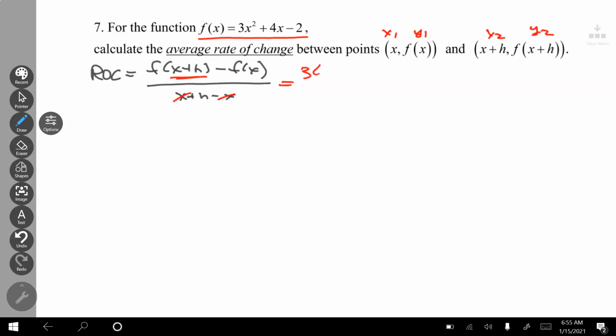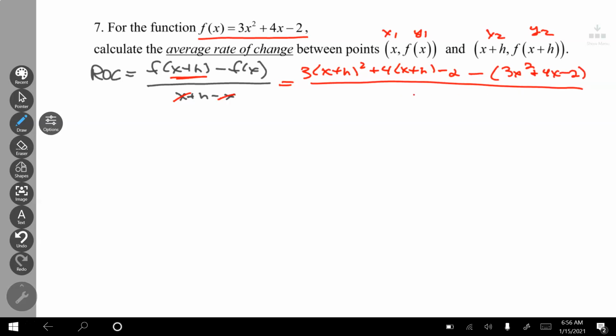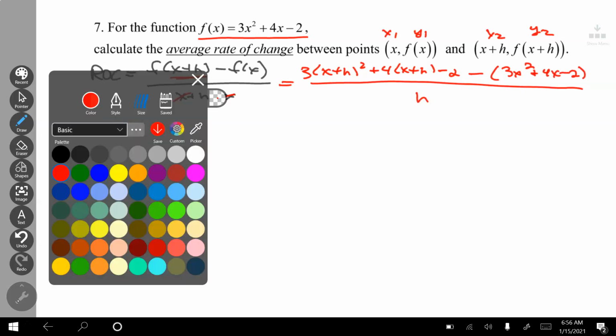So 3(x plus h) squared plus 4(x plus h) minus 2, minus parentheses, the original function. Don't forget to put parentheses when you subtract the original function. All over h. Now I have to expand it.